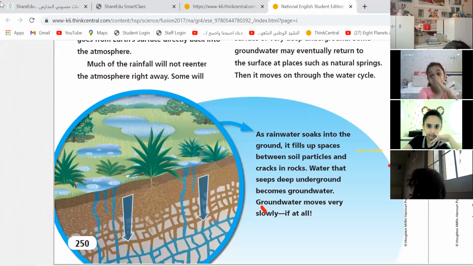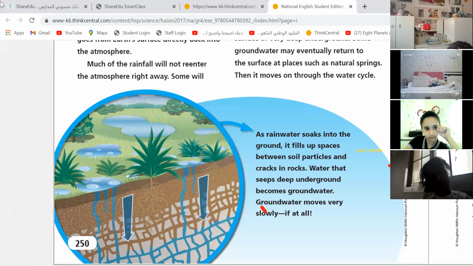As rainwater soaks into the ground, it fills up spaces between soil particles and cracks in rocks. Water that sinks deep underground becomes the groundwater. Groundwater moves very slowly, if at all.